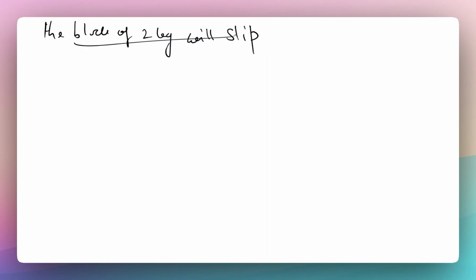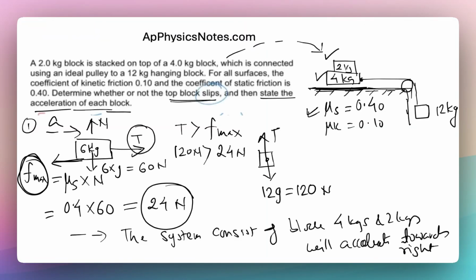So we are going to redo the whole thing with kinetic friction forces. First we'll draw the free body diagram for all of them now, assuming the block of 2 kg will slip. We are now doing part 2 of the question, where it asks to calculate the acceleration of this block.